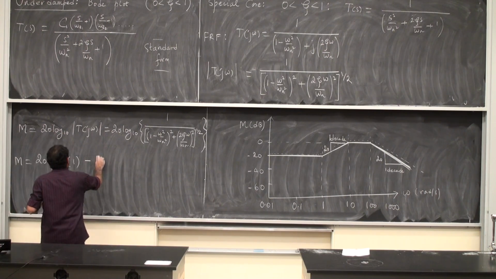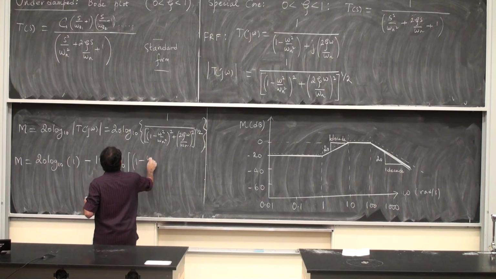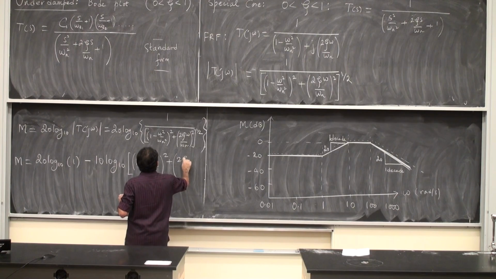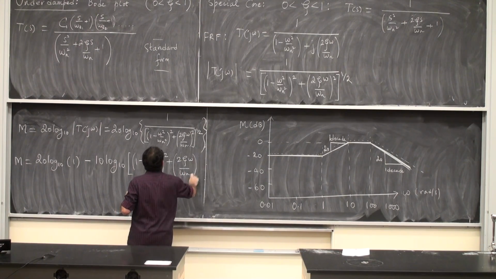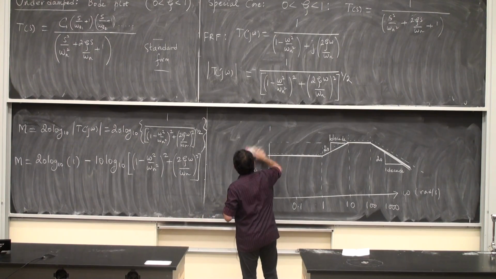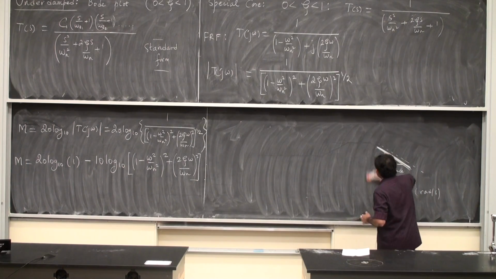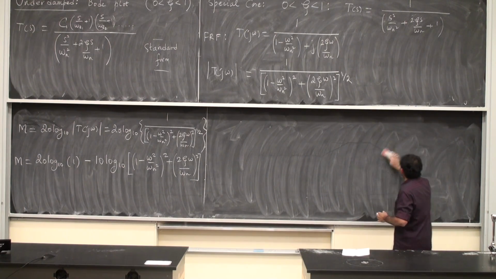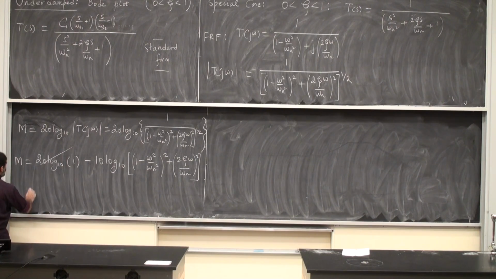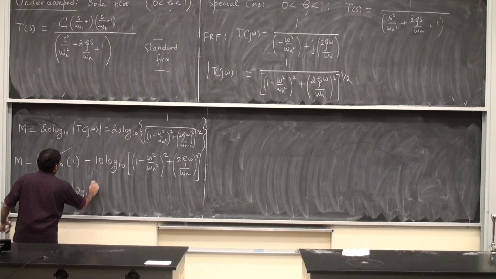So this is minus 10 log 10 of the denominator. So M is minus 10 log 10 of the denominator.